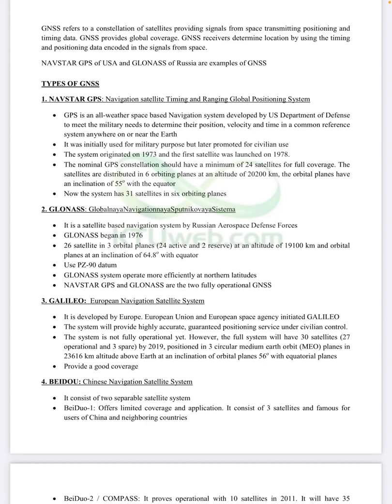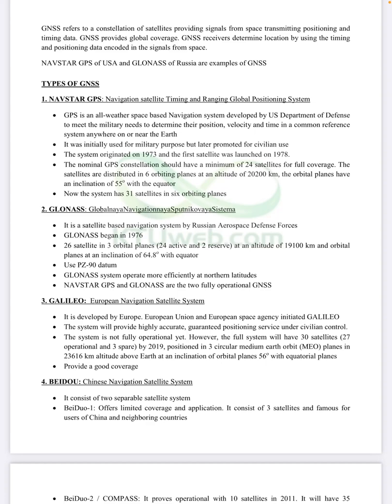It has the following specifications. That means how many satellites are covered, what altitude it has, and the inclination, are mentioned in the following points. The dominant GPS constellation should have a minimum of 24 satellites for full coverage.